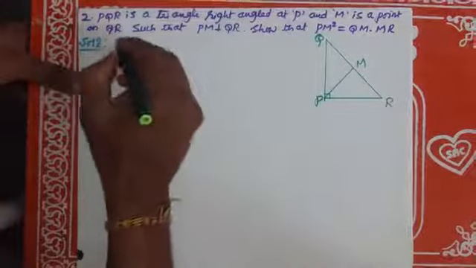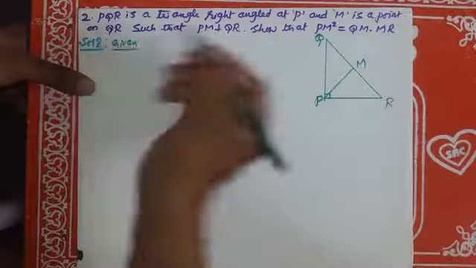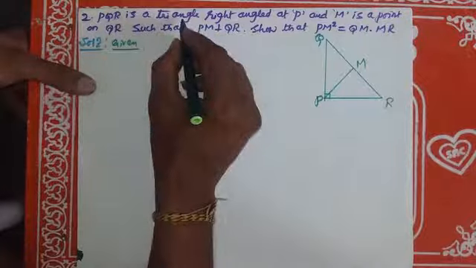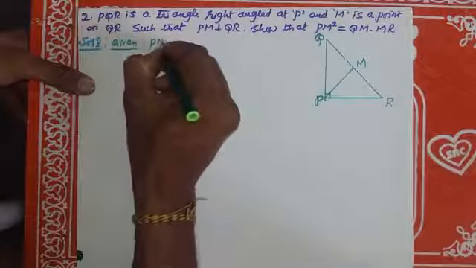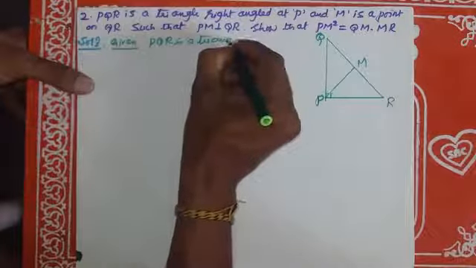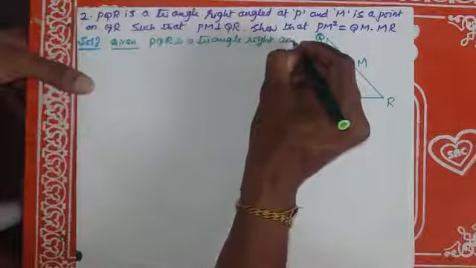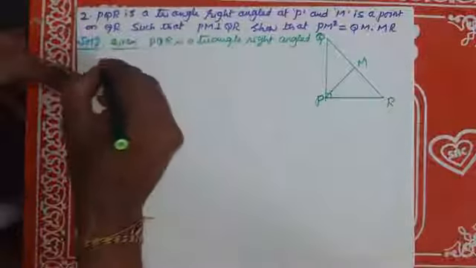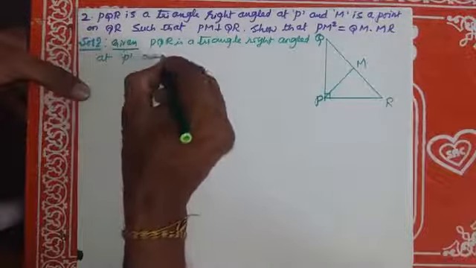See, given PQR is a triangle right angled at P, and M is a point on QR.